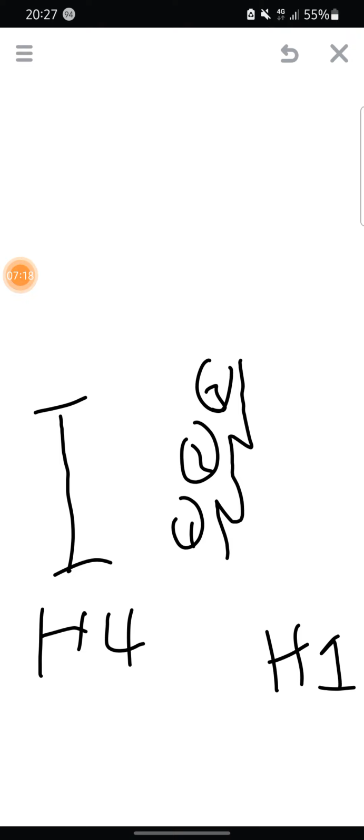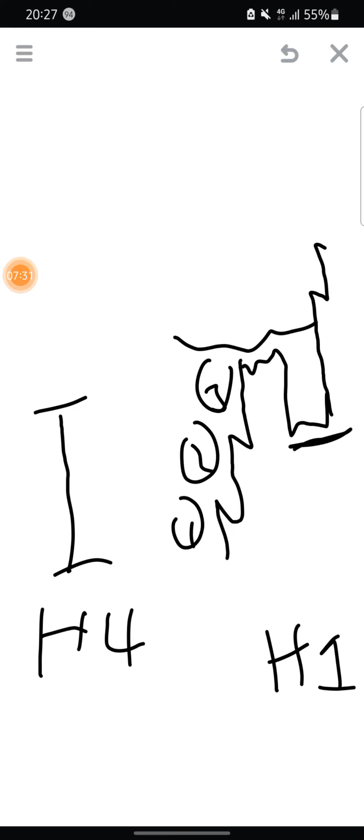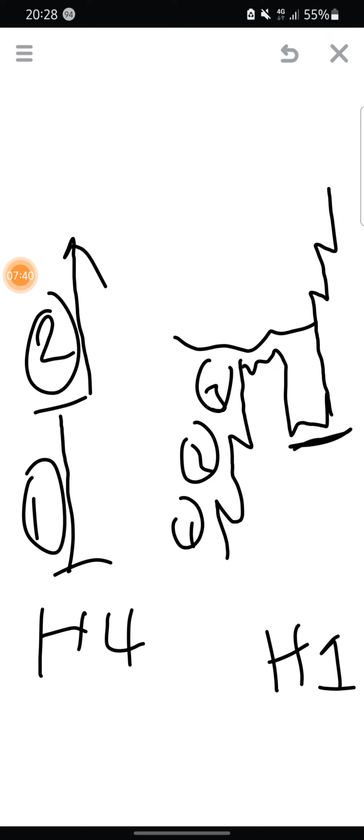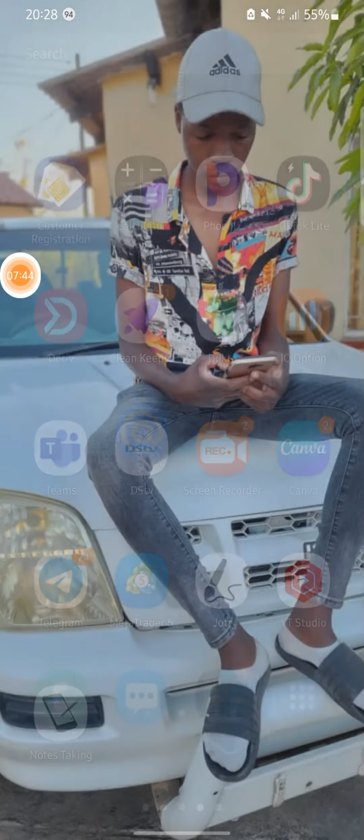After this, we expect the dealer to consolidate, make a stop and low, then reset, then continue in the intended direction. This now becomes the second push in our H4 time frame.